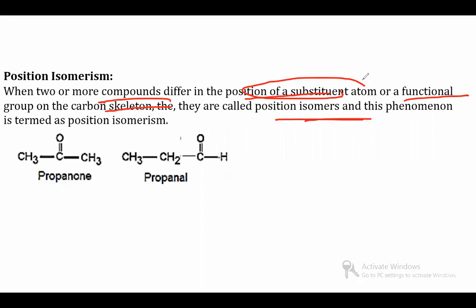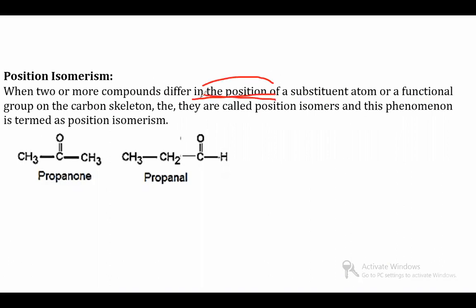Two or more organic compounds with the same molecular formula but different position of the substituent or functional group are called positional isomers. This phenomenon is known as positional isomerism.